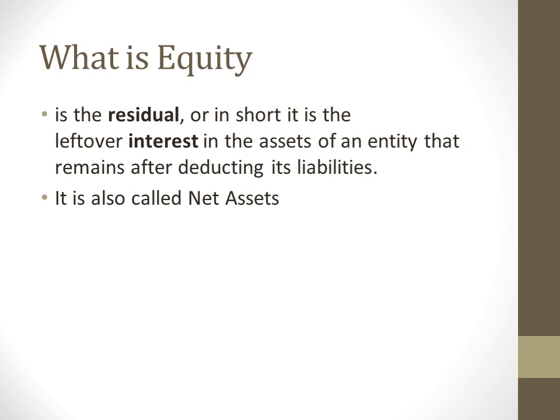Take note that usually the priority of payment upon liquidation, if the entity would be liquidated, normally goes to the creditors, because equity represents what is financed by the owner. Since the owner has been managing the business, the creditors are given priority in terms of payment. So that's why you also have net assets. Your assets less all your liabilities equals your equity, or the portion of what you own in the assets.